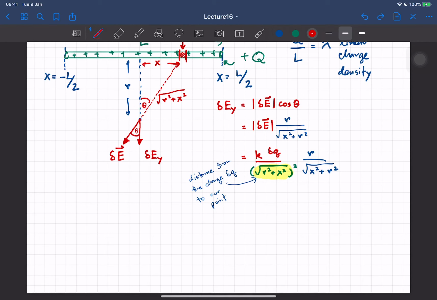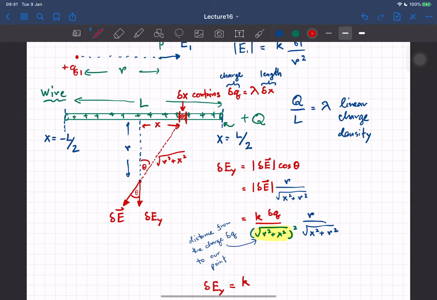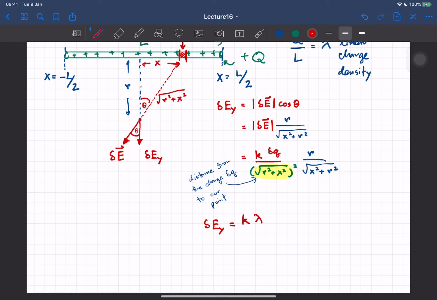So altogether, at this point, we can write delta E y equal to k times dq, but we know that dq is just lambda times delta x. Actually, I want to put delta x right at the end, so remind yourself that you need to put delta x at the end.